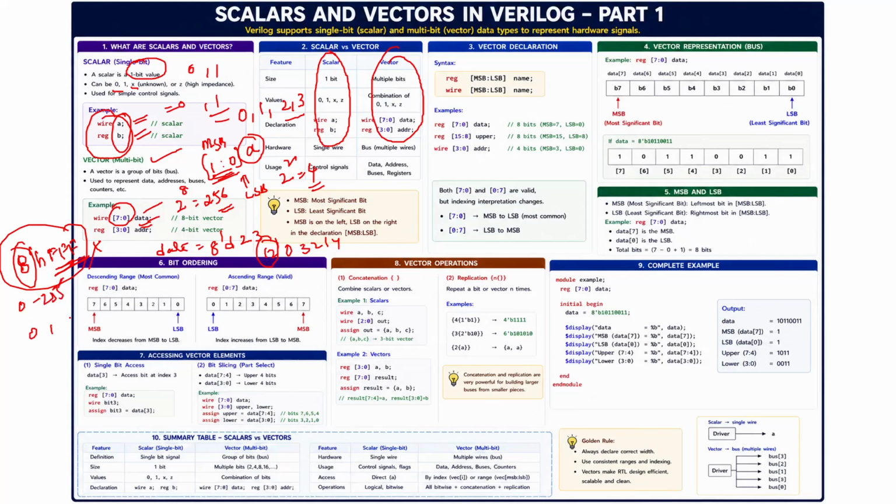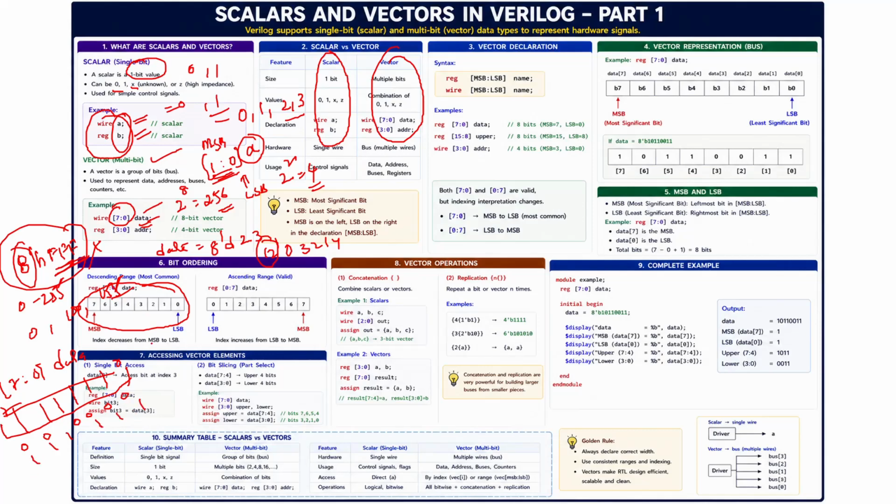That means it can store 0, or 100, or 155, any value. So in this way, 8 bits are there. This is the width we are representing. If we represent a width before the data, then it is capable of storing 8 bits, starting from 0 and ending with 7. So all zeros it can store, or all ones it can store.